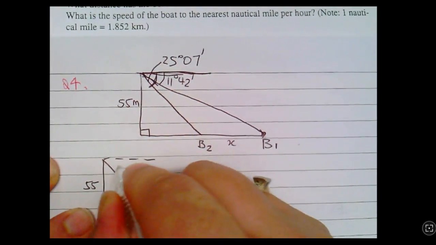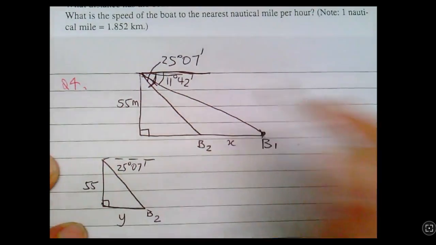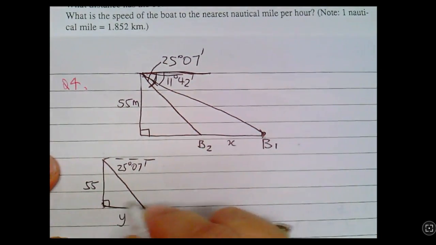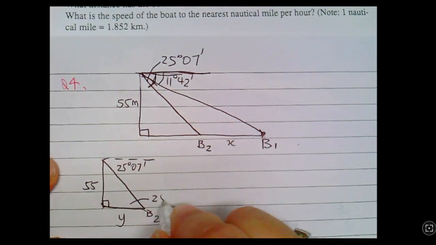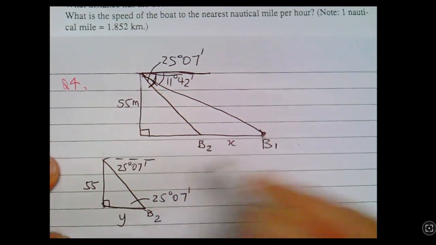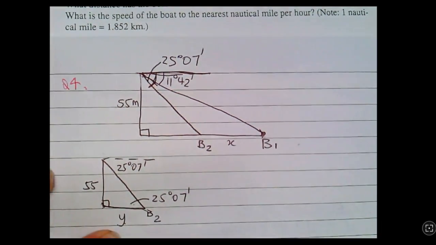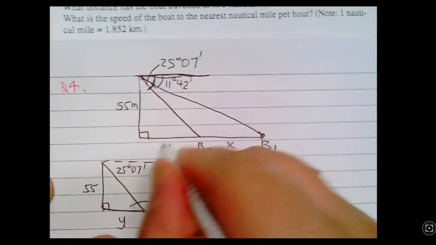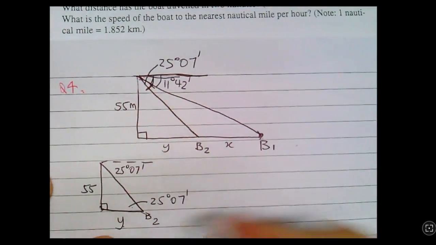Now, if that second angle of depression is 25 degrees 7 minutes, then by alternate angles, this angle down here is also 25 degrees and 7 minutes. So I can work out this distance Y here. I'll call this distance Y along the bottom.